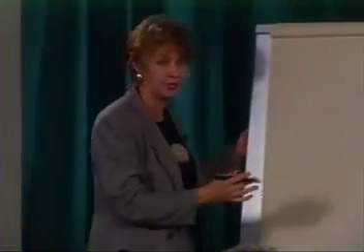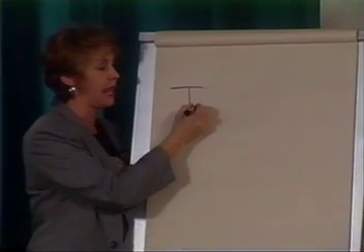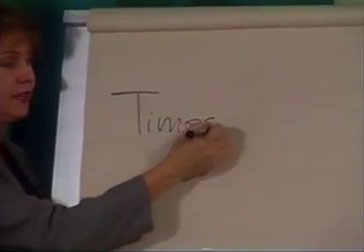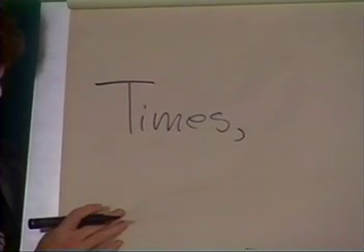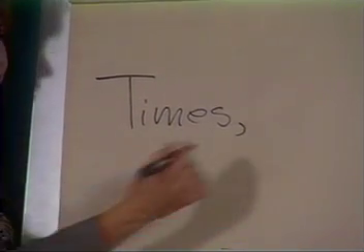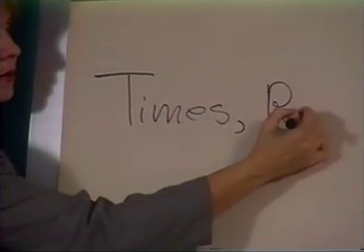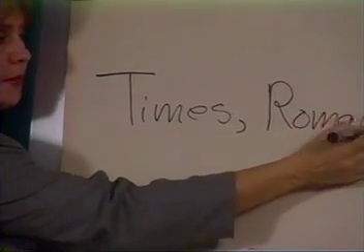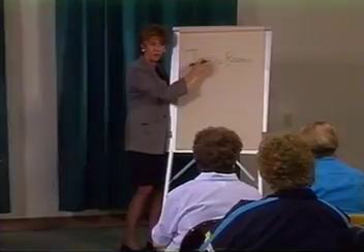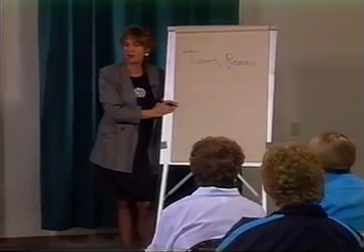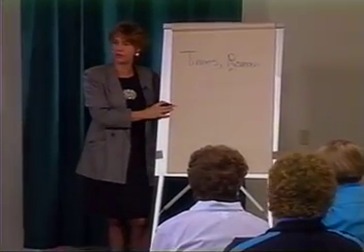Now, the way type is specified, and the way that you will see it specified in type books and in descriptions, is you will have the name of the typeface, such as Times, and then there'll be a comma, and then you have the style. In this case, we'd have Times Roman. Sometimes it's spelled with a little r, or Times Normal. And I know when I was first doing desktop publishing, I thought it was Times Roman.